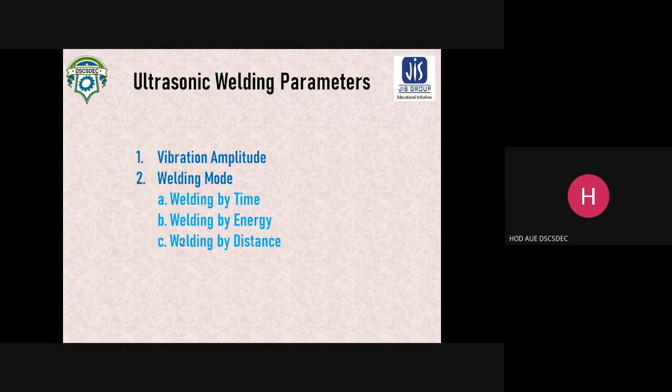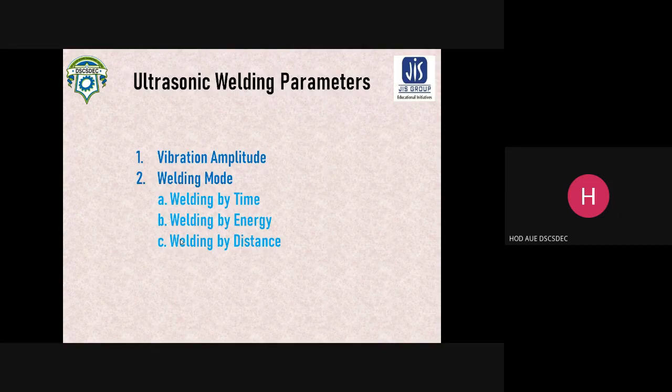Now, coming to the best part, welding by distance. Welding by distance mode is the best. It always allows components to be joined to a specific weld depth. This mode works independently of time, energy, or power drawn.